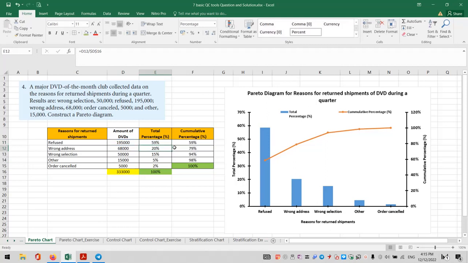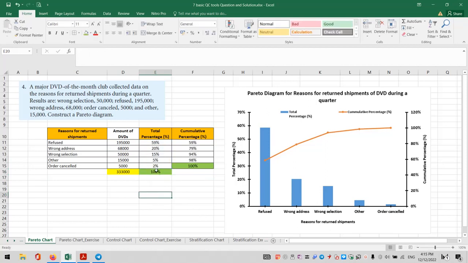Then you get the total percentage, which is 59%. You do the same for each of the other return shipments, and you get 20, 15, 5, and 2. The sum of all the total percentages should be 100%.